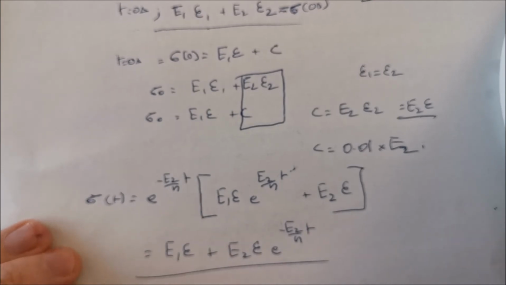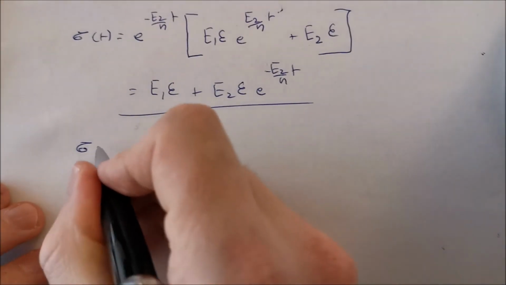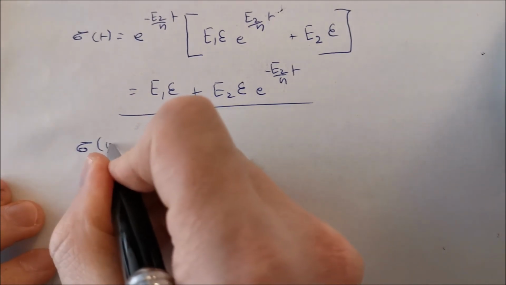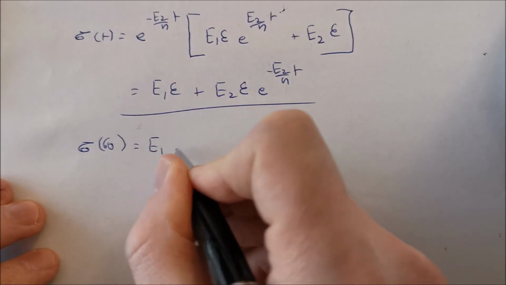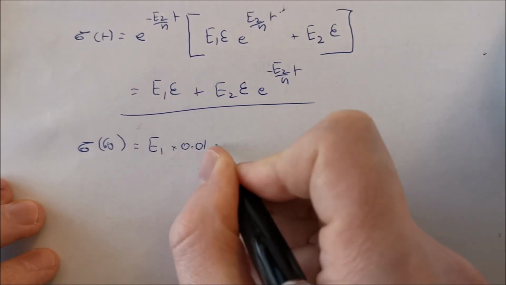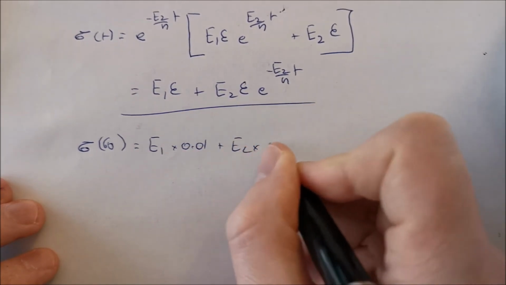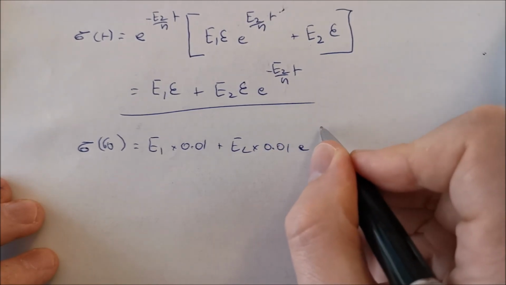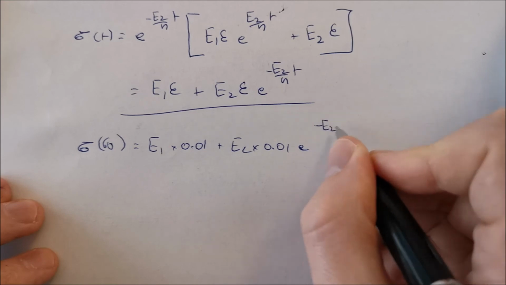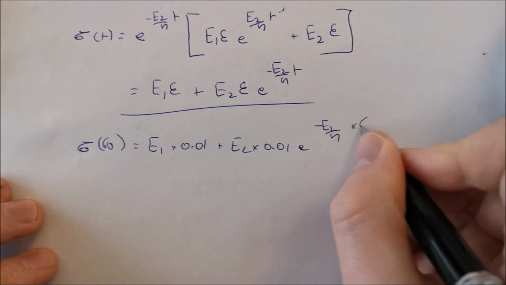So now, if we solve this after 60 seconds, we would obtain E1 times 0.01 plus E2 times 0.01 times the exponential of minus E2 times 60.